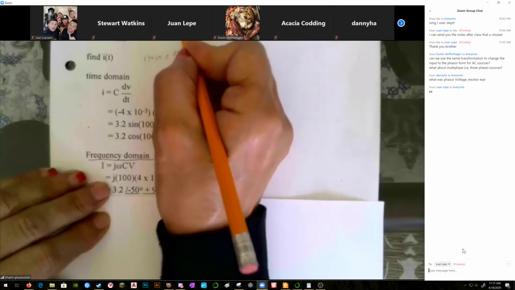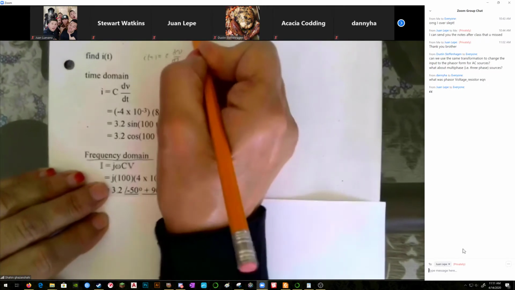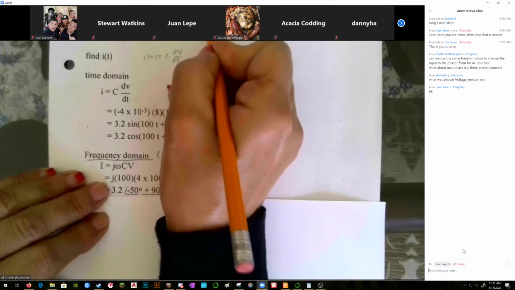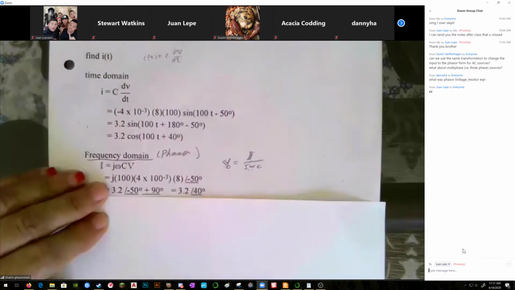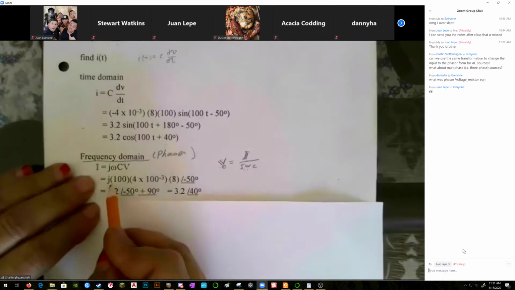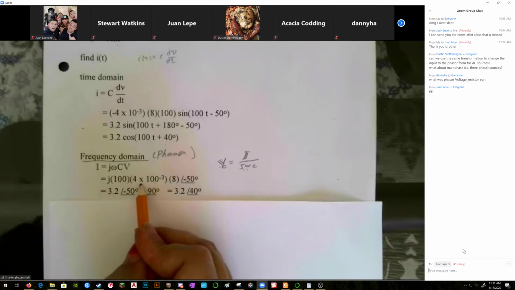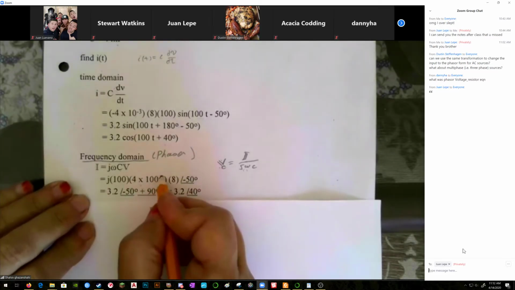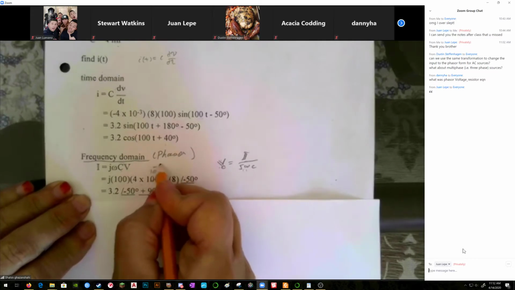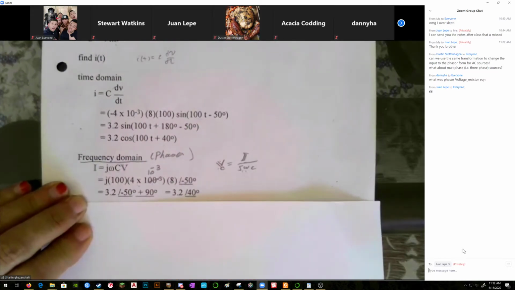What is the phasor voltage equivalent to this? It is 8 with the angle 50, correct? So you come here, you say j, omega is 100, C is what? 4 millifarad. So this is 10 to the power of minus 3. Sorry, not 100, minus 3.